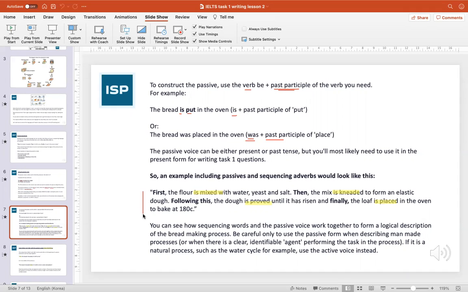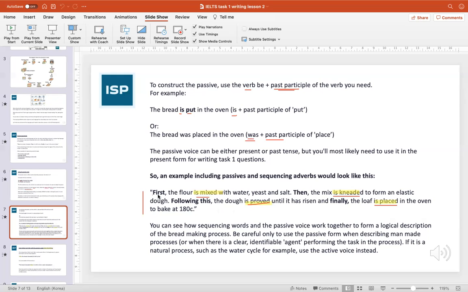So if we look, for example, down here, when we talk about making bread, first, the flour is mixed. So there is your passive. Then the mix is needed. Following this, the dough is proved or proven maybe, and the loaf is placed in the oven, right? So these yellow ones are the passive forms that we need.